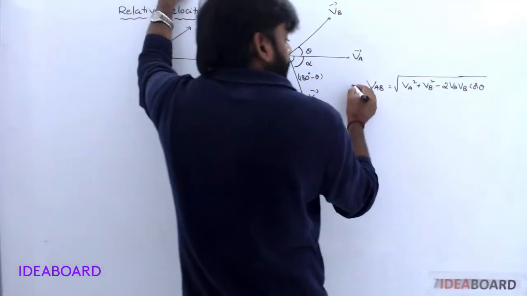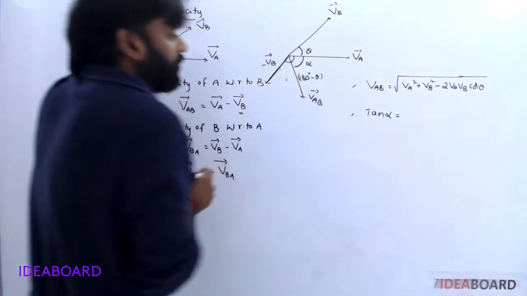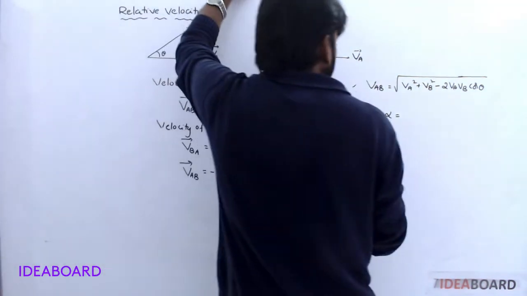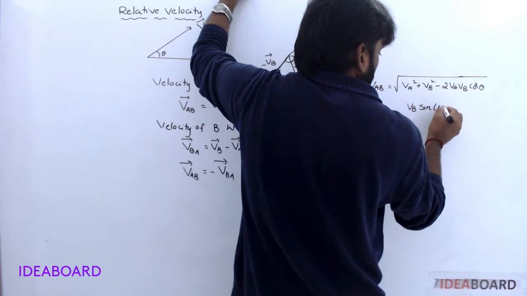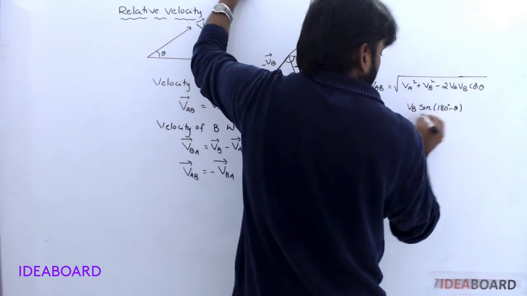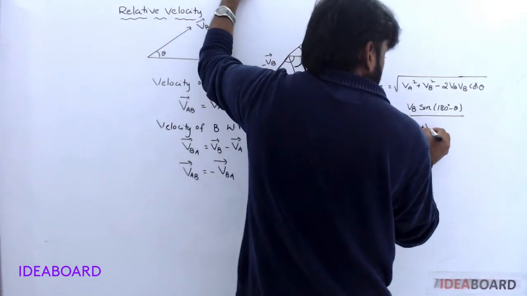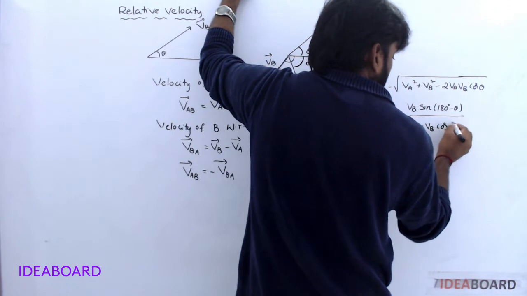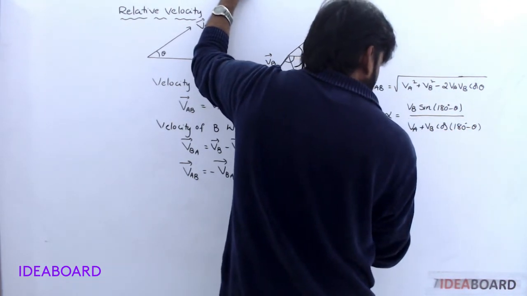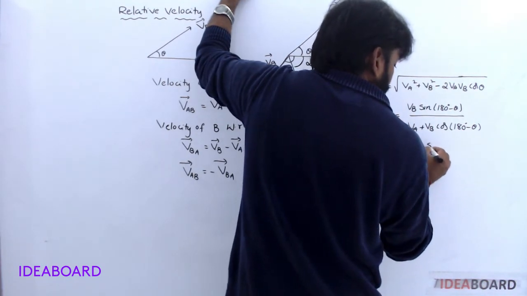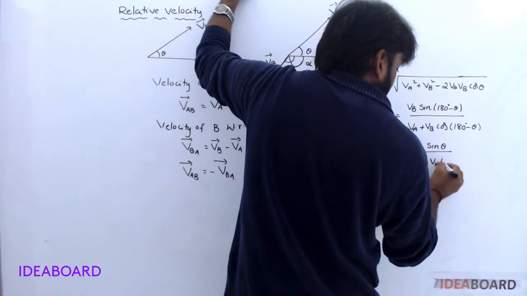So from this, tan alpha is equal to VB sin 180 minus theta over VA plus VB cos 180 minus theta. So tan alpha is equal to VB sin theta by VA minus VB cos theta.